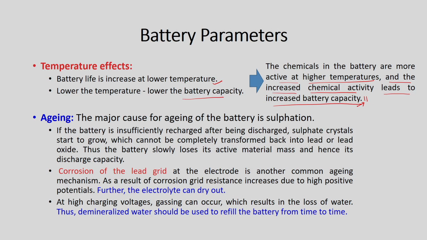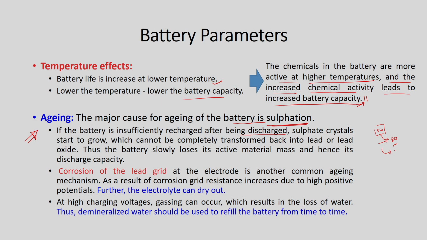And also we have aging. The major cause of aging of the battery is sulfation. So, what is sulfation? It happens if a battery is insufficiently recharged after being discharged. Suppose I am using a mobile phone, and the SOC is 50%, and we charge it to 80% and then stop.